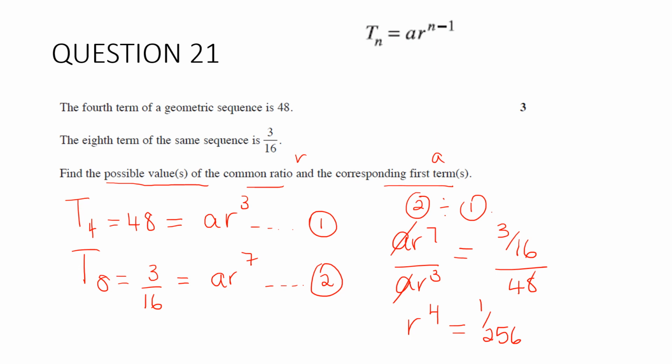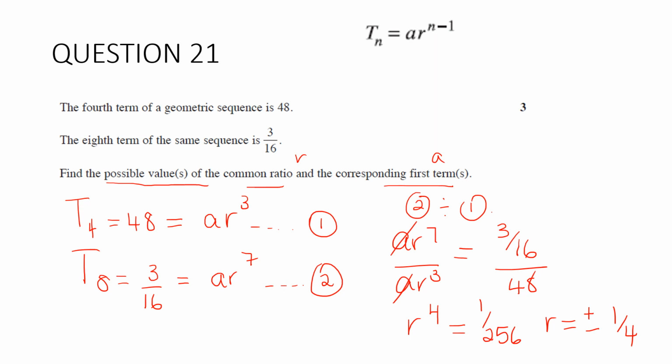And so r is going to be equal to plus or minus the quarter root of that. Where's that on the calculator? I'll just do the power of 0.25. Can't find it. It's a quarter. Probably should have done that in my head. Okay, so there's our two values for the common ratio.